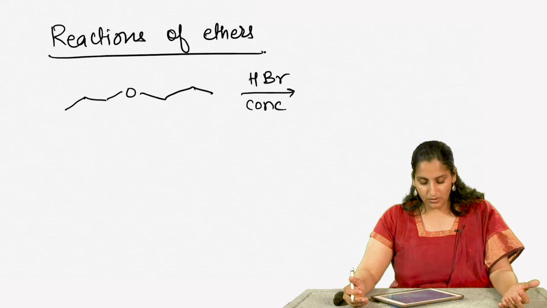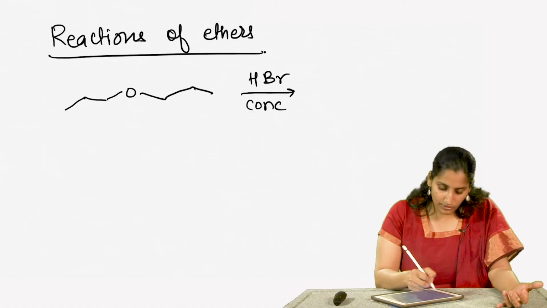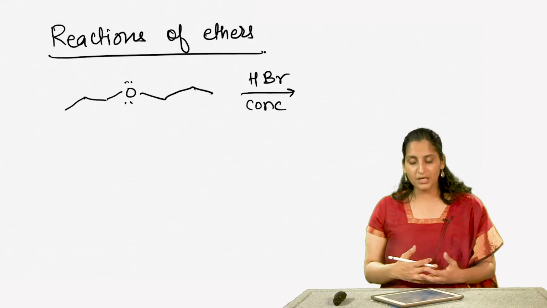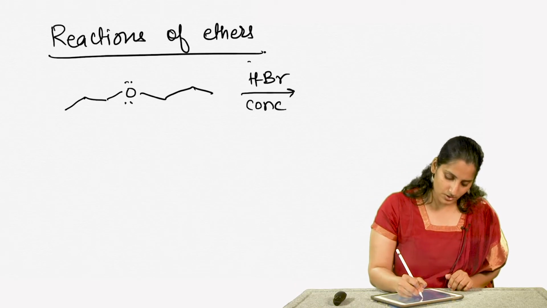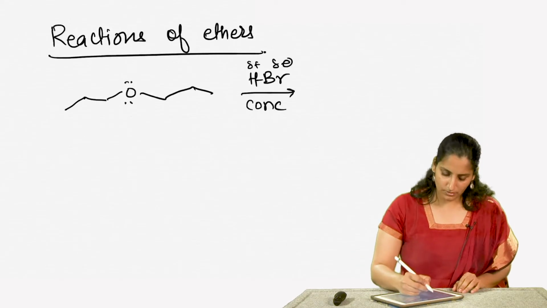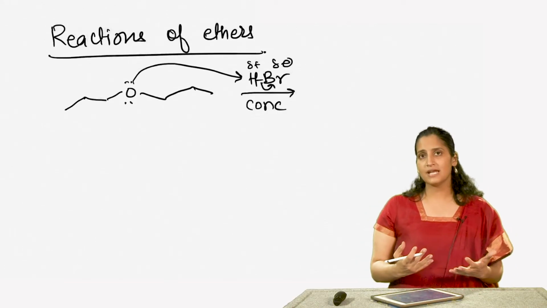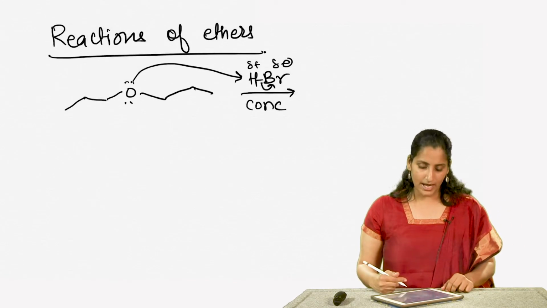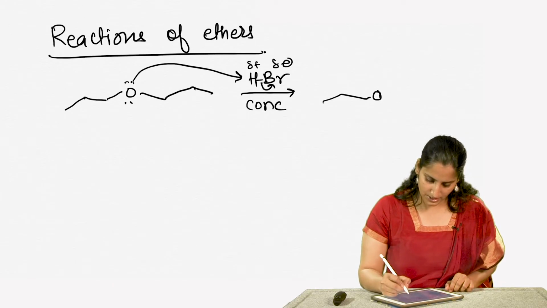Now let us try to predict what this reaction will result in. One way to think about it is: where is the nucleophile and where is the electrophile? The nucleophile here is going to be the oxygen, because the oxygen has electrons, so it is attracted towards a positive charge, and the positive charge present here is on the hydrogen. So, the first step will be that the ether gets protonated, and this kind of acid base reaction is one of the fastest happening reactions in organic chemistry, as we have seen in the chapters on acids and bases.